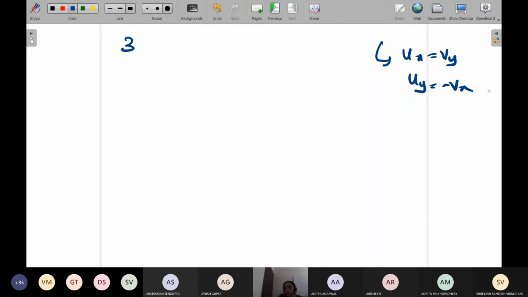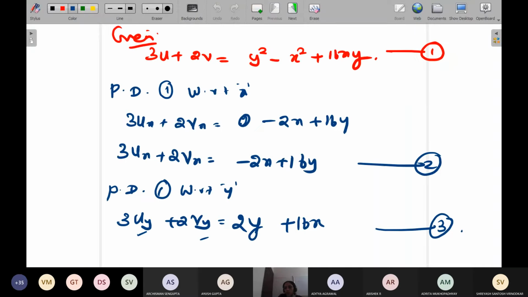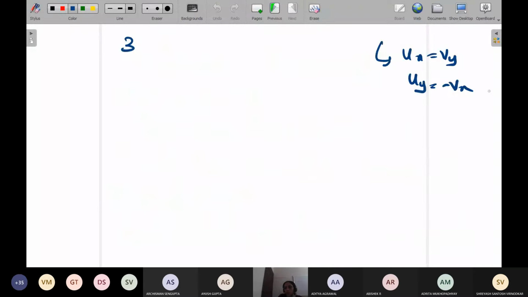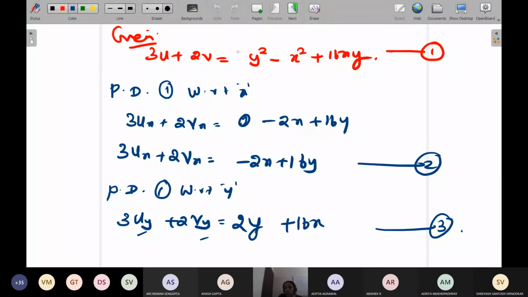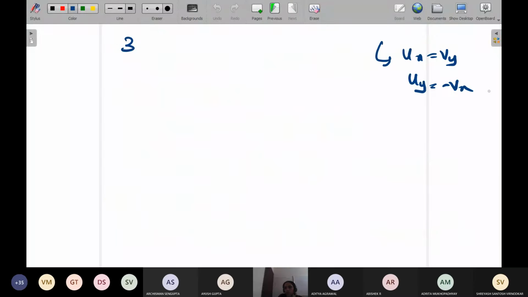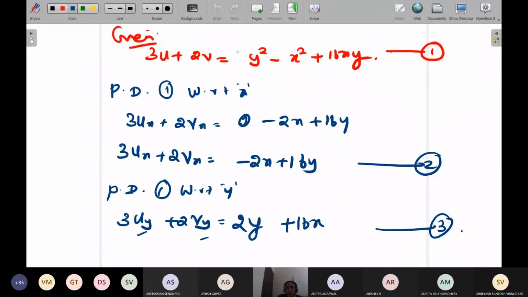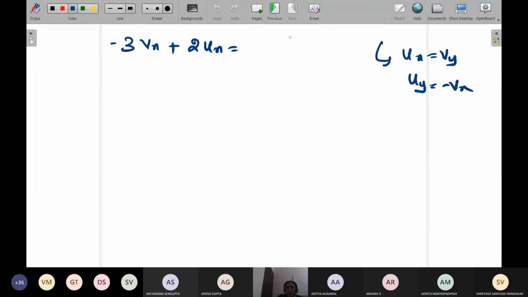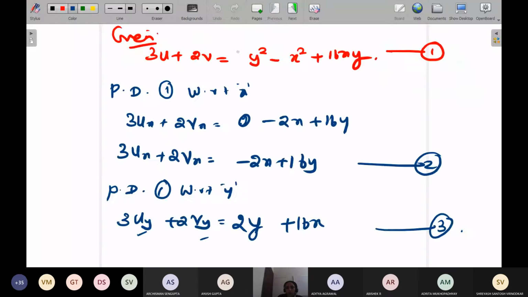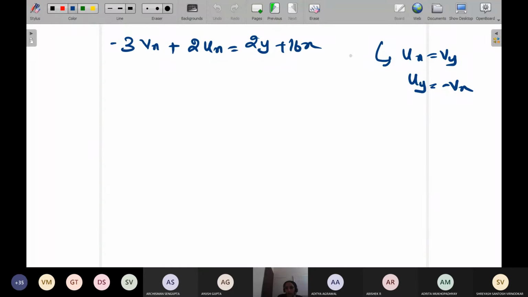So you replace uy by minus vx, and you'll get minus 3 into vx plus 2 into ux equals 2y plus 16x. Now take this as equation number 4.